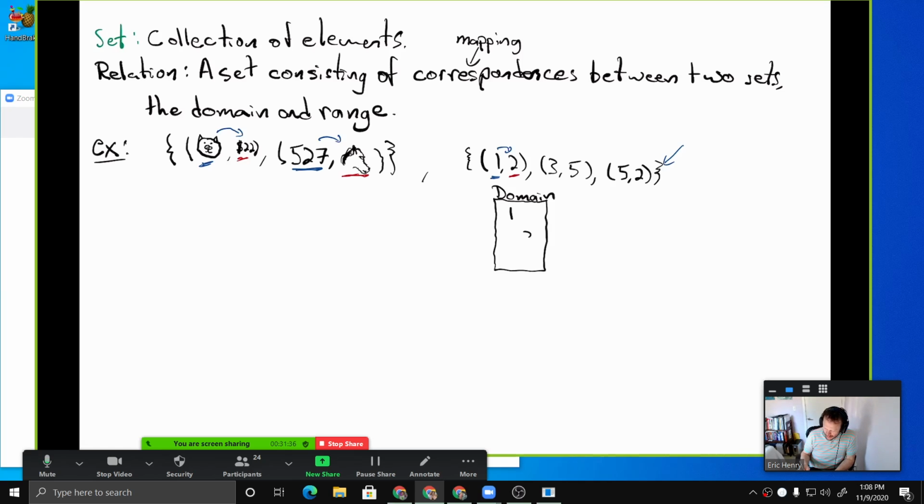Another element is 3, and a final element is 5. So we have those 3 elements corresponding to the first part of each of these mappings, right? 1 maps to 2, 3 maps to 5, and 5 maps to 2.